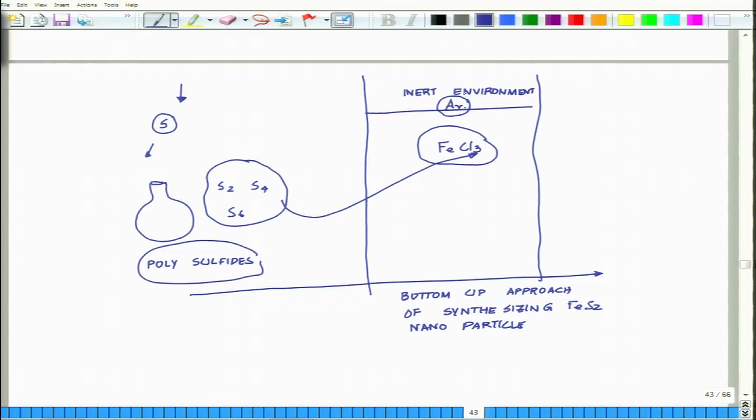The reason to have an organized environment is otherwise iron will get oxidized to the Fe3 state.